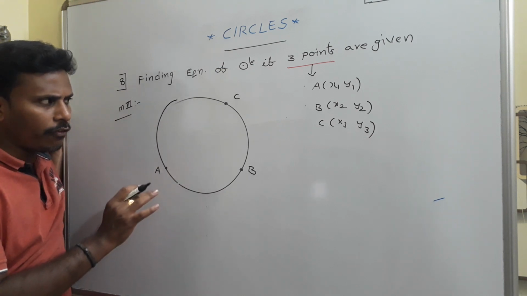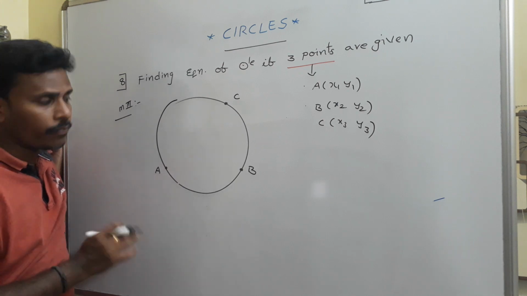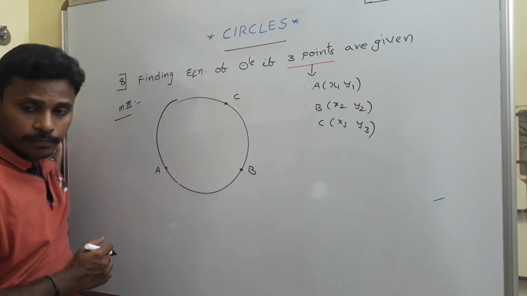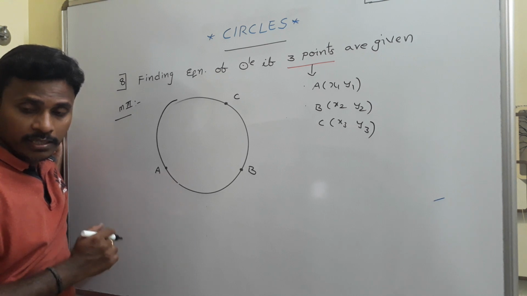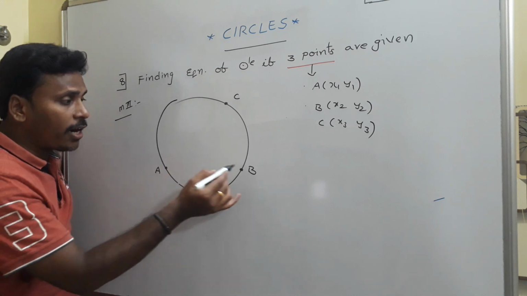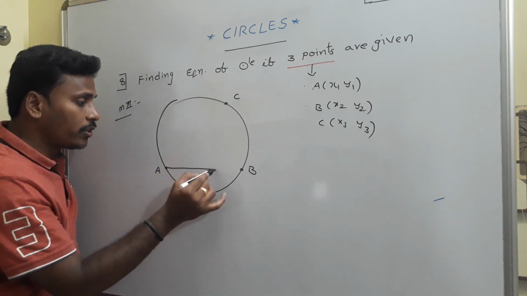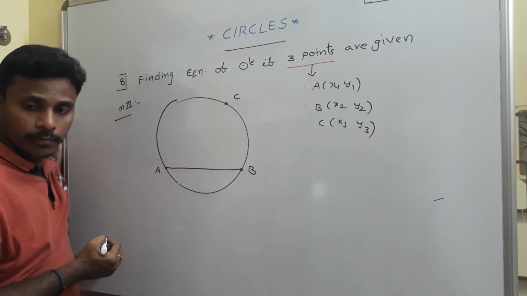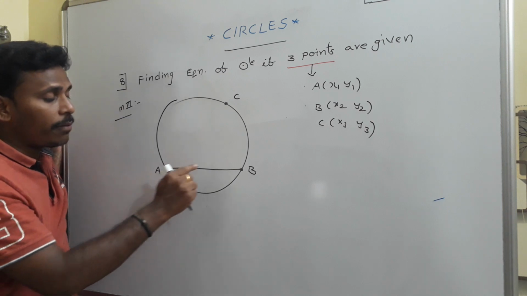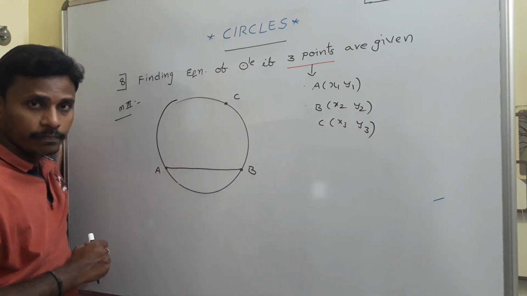If we know the center, then it is enough. To find the center, what we need to do? Just think about it. Here we have A and B on the circle. Just join AB. If we join AB, this AB is a chord of the circle, right?